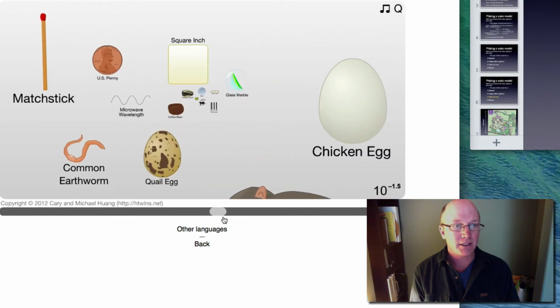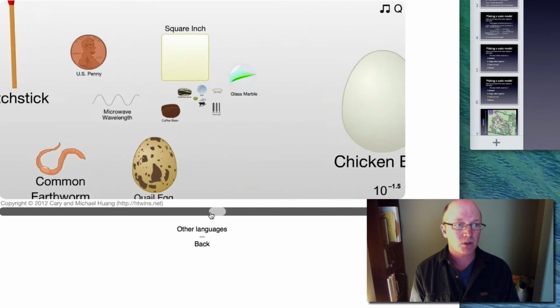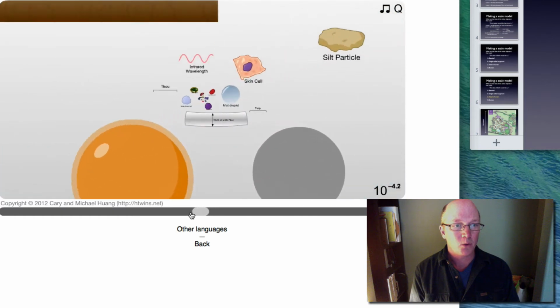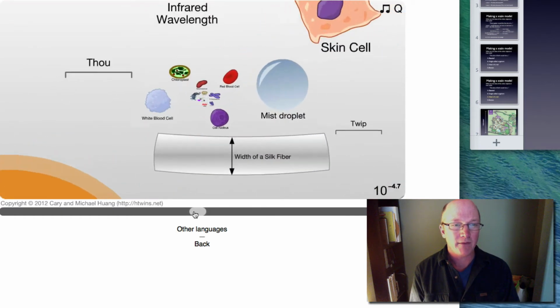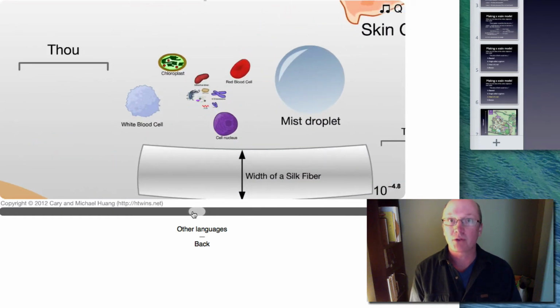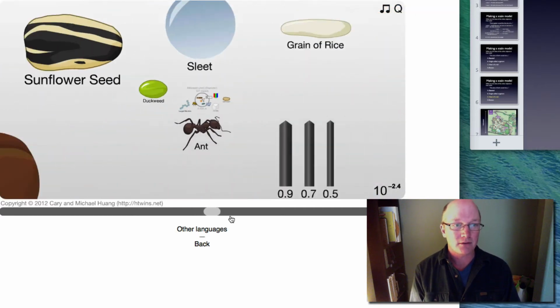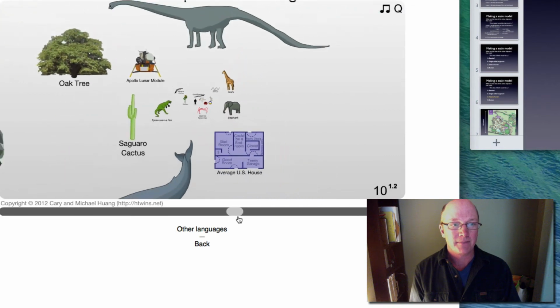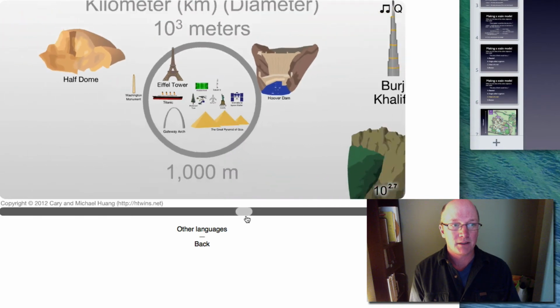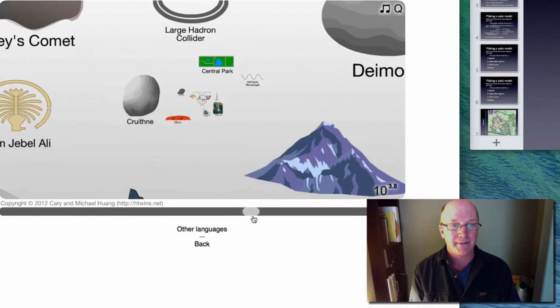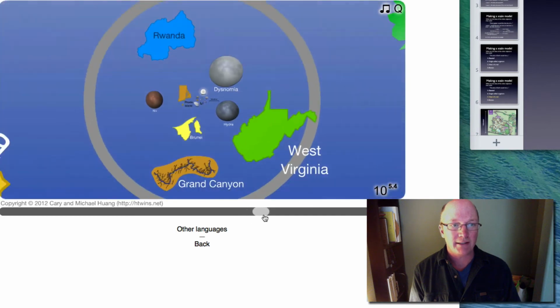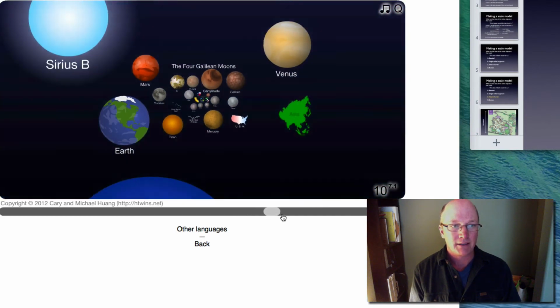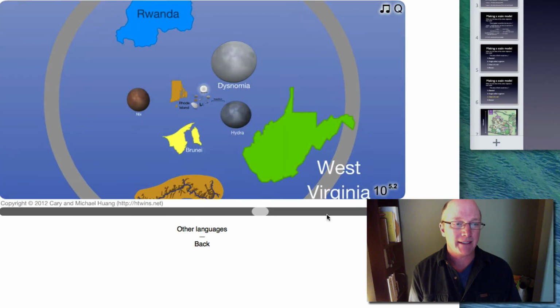If I zoom in, you can see the common earthworms, quail eggs, go way down to infrared wavelengths, skin cells, and all sorts of things. But if you zoom out, you can get out to astronomically interesting stuff. Planets and asteroids and the Earth itself, all the way out. So just play around with that to get a sense of the different scales of the sizes of things in the universe.